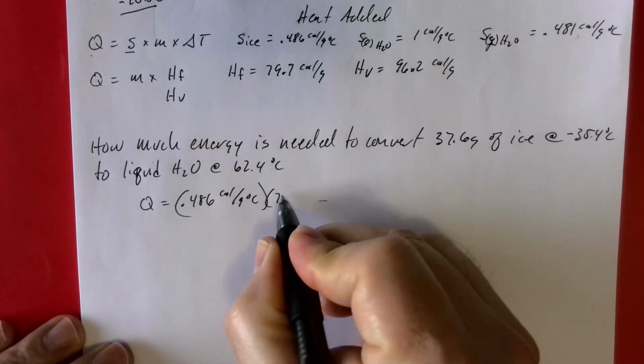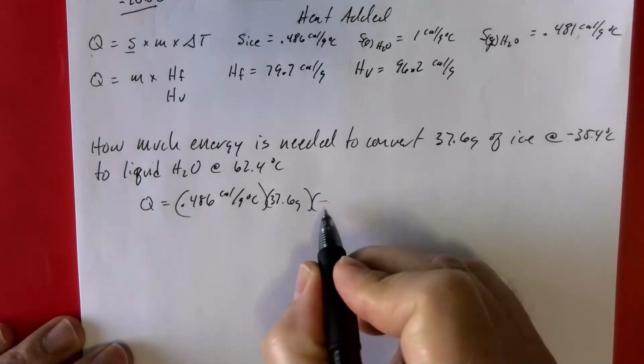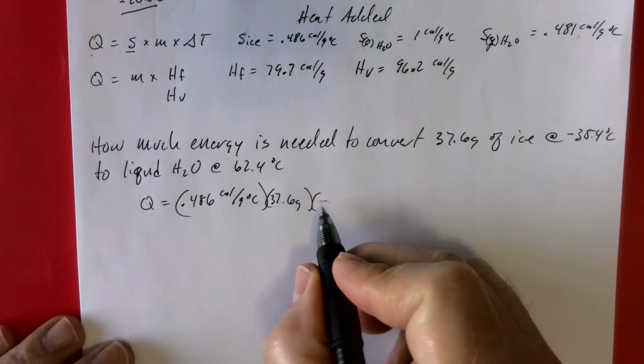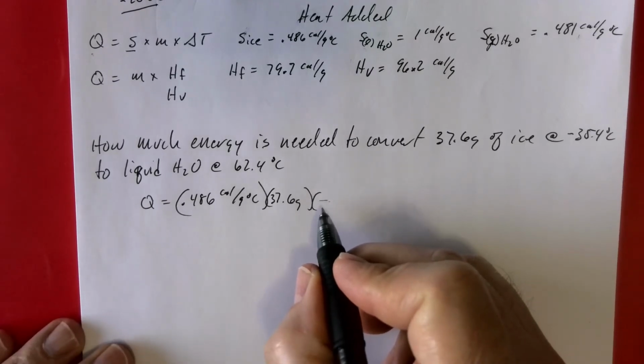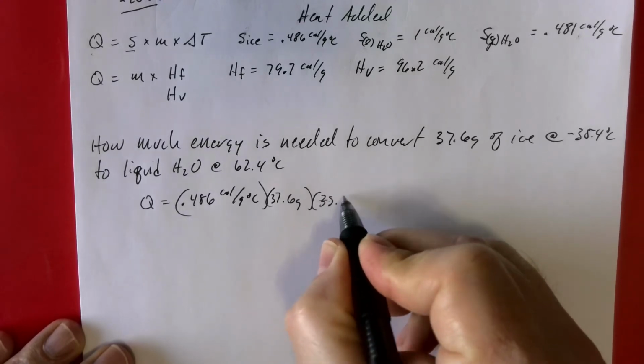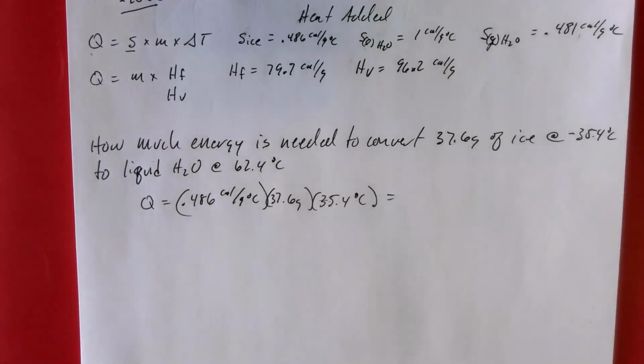37.6 grams. Then I'm going to times that by what? What goes next? 35.4 degrees Celsius. And I do all that math and I get what?